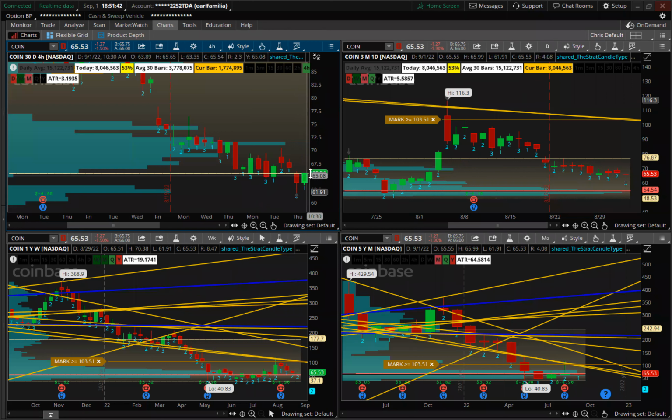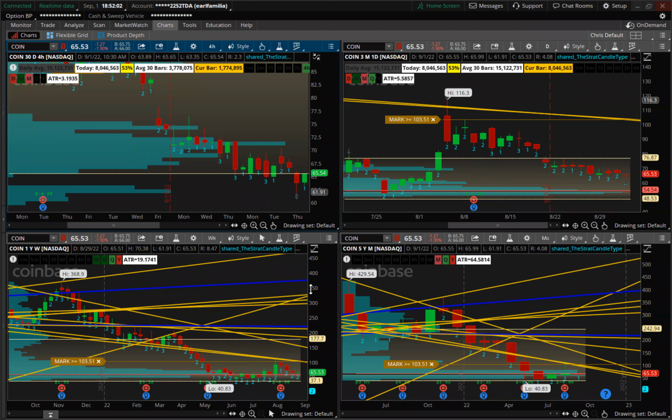I believe it will break to the upside, then go to fill the gap. Whatever that gap is, 66.70, whatever. And then boom, get rejected there and then come back down.